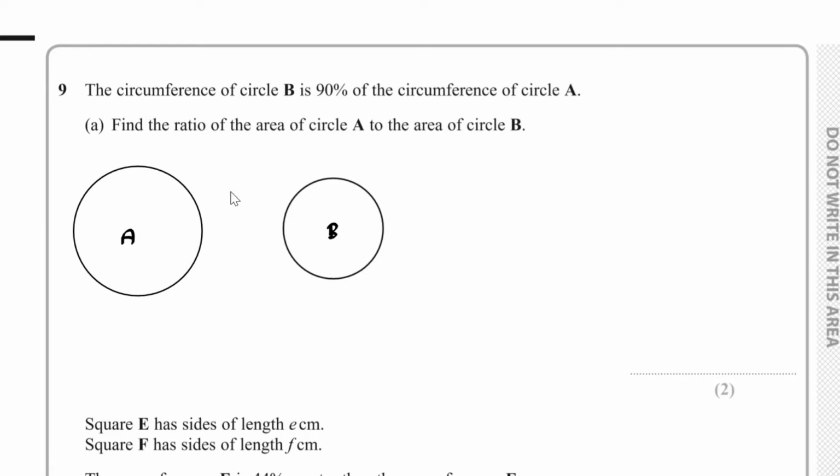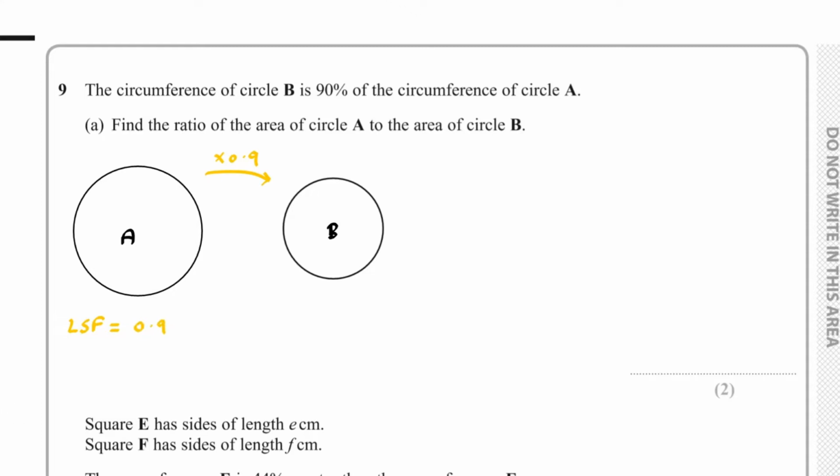So to go from A to B, we multiply by 0.9. So this multiplication of 0.9, that represents the length scale factor. So the length scale factor is equal to 0.9.